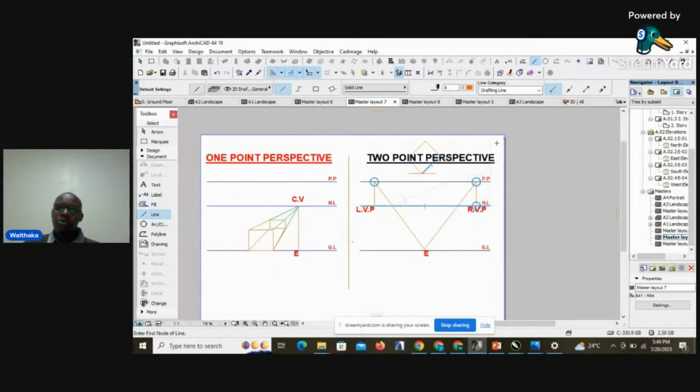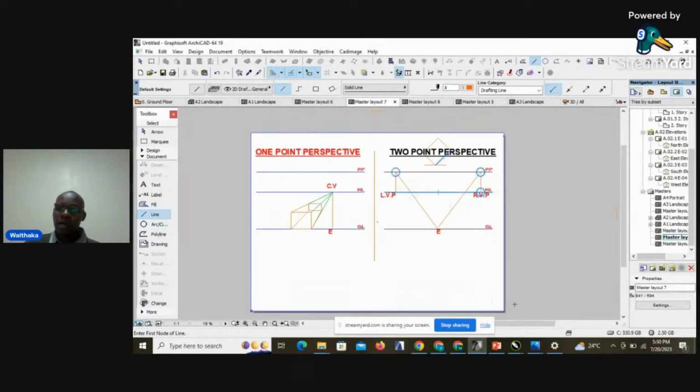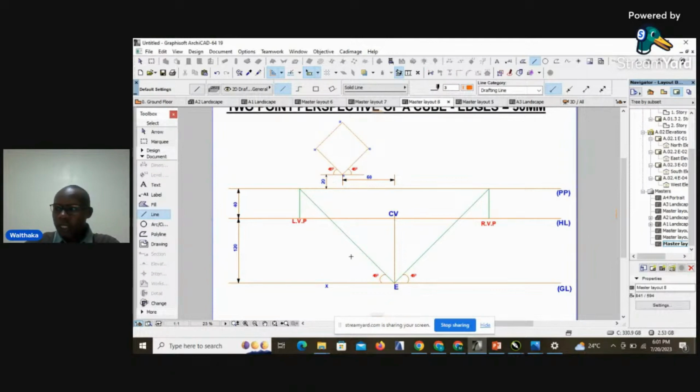Before we move now to an example of how we can generate a 2-point perspective of a cube, this is how the question would appear for us to be able to generate the perspective of the cube.